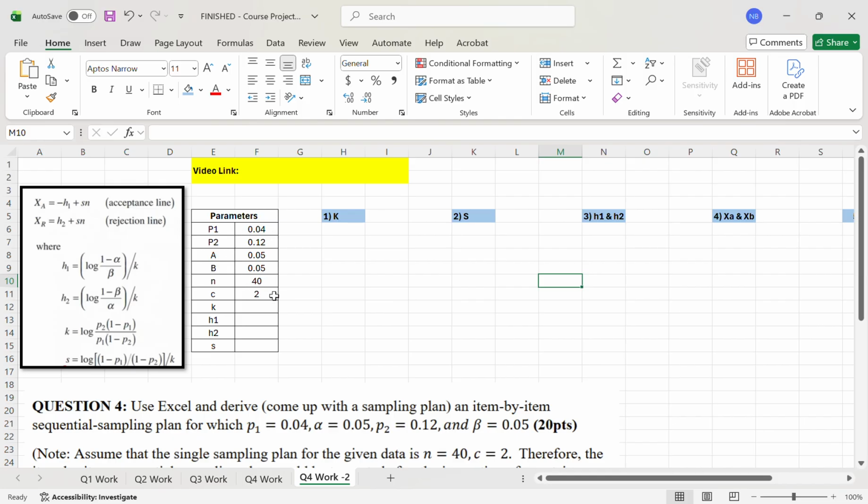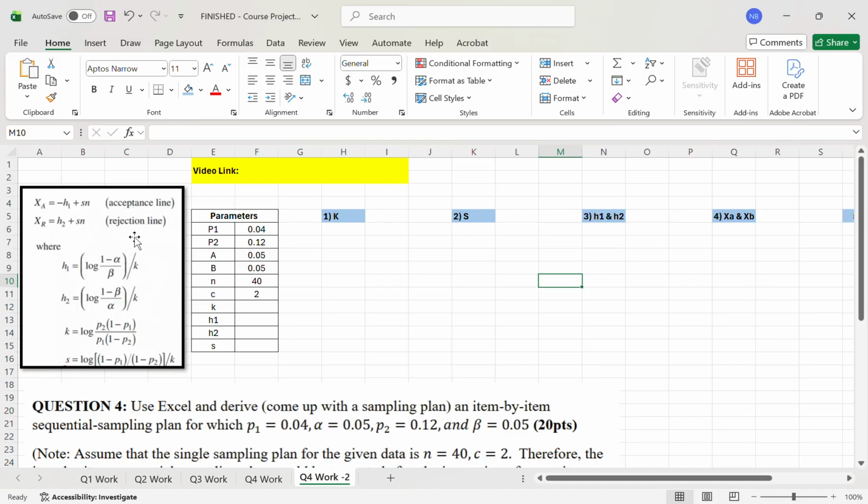But to create these, we need H1, H2, and S, right? So you may think, okay, let's go solve for H1, H2, and S. But prior to solving for those, we must solve for K, because we need K to solve for S, H1, and H2. A little bit of background: your K is basically the slope of your decision boundaries, so the slope of this acceptance and rejection line.